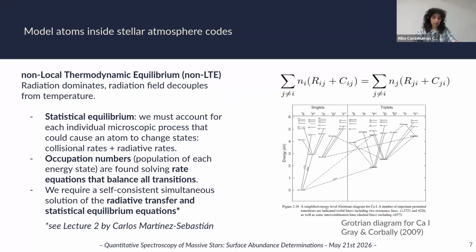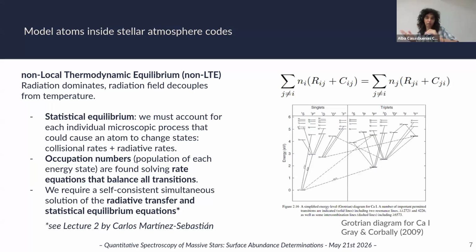However, for massive stars, which are the stars that are pertinent to this lecture, we can no longer use these approximations with the temperature because we're working in non-local thermodynamic equilibrium, or non-LTE. In this approximation, the radiation is dominating and the radiation field is decoupled from the temperature. And therefore, instead of using the previous equations, we have to use the statistical equilibrium equations, which means that we need to account for each individual microscopic process that is causing an atom to change from one state to another.